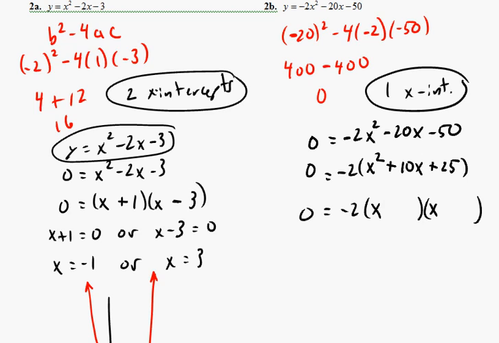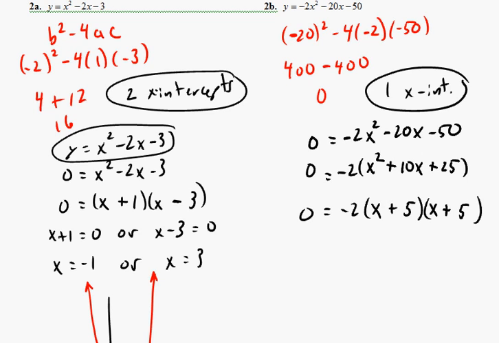Well, both of these would have to equal x. These two numbers would have to multiply to give us 25. Let's try 5 and 5. Let's try both of these as plus.